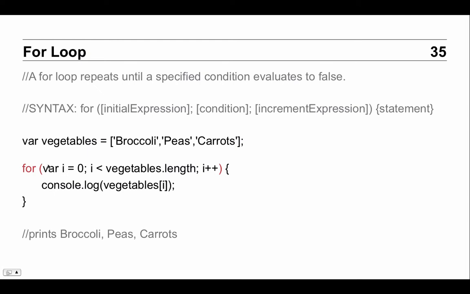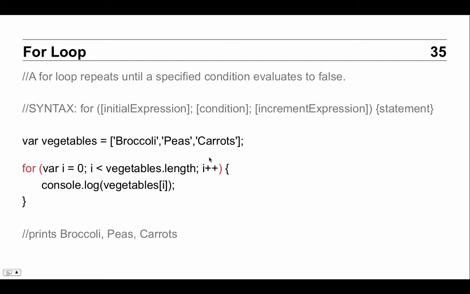So the very first time, we say 0 is less than 3, and that evaluates to true, right? Because var i is equal to 0, and it is less than the length of vegetables, which is 3. This is a true statement.